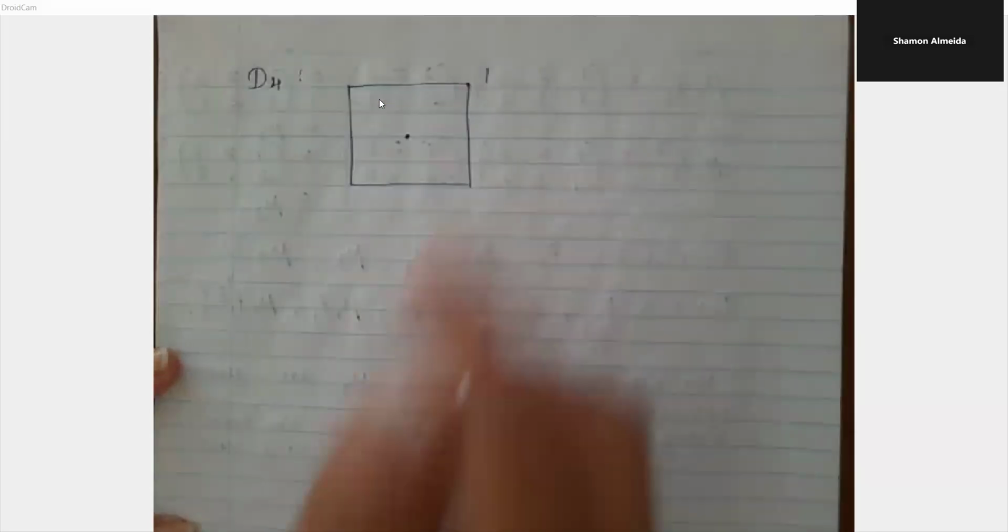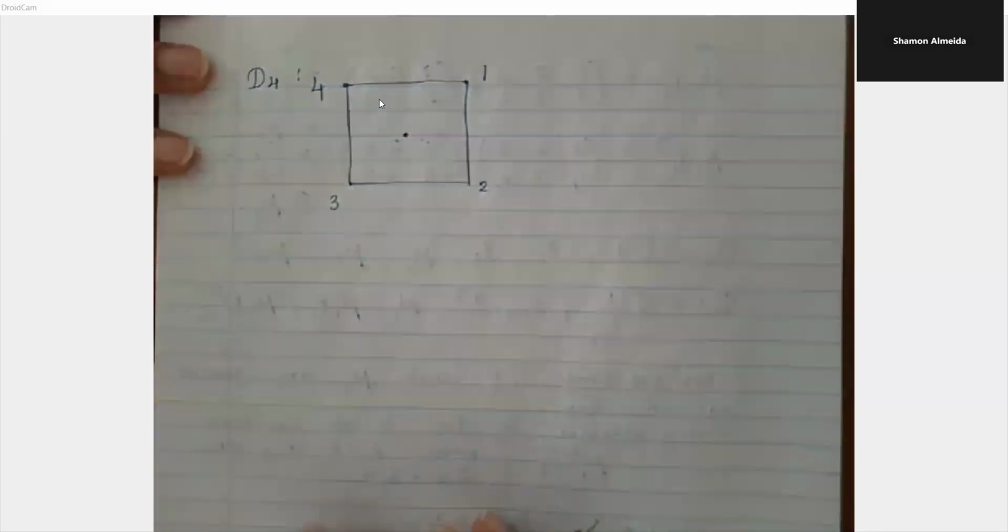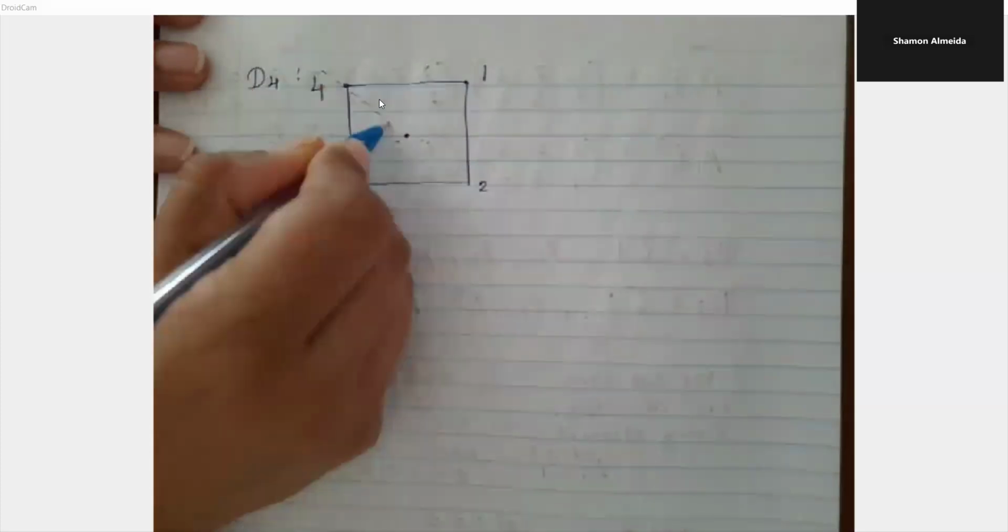Let's label the vertices 1, 2, 3, 4, right? And we have 4 lines of symmetry. This line that goes over the main diagonal, then this off diagonal, then the midpoints of the two opposite sides. This is one line and this line. So these are the lines of symmetry, right?